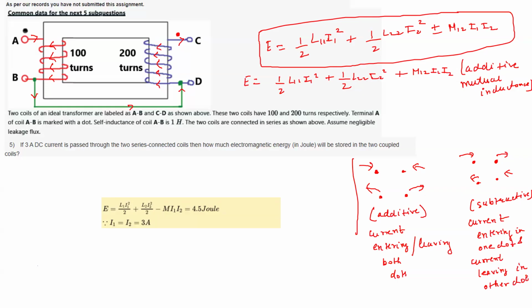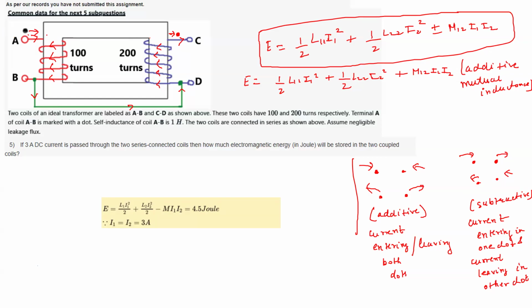So you can see that in our case, for this dot the current is leaving, but for this dot it is entering. First the current was flowing like this and then it was entering the dot, but here the current is leaving the dot. That is the transformer action, or Lenz's law.